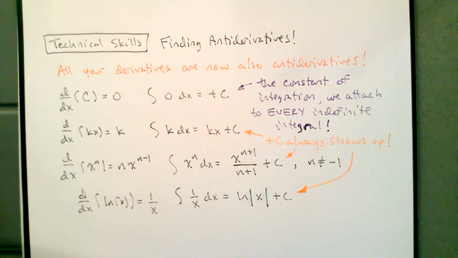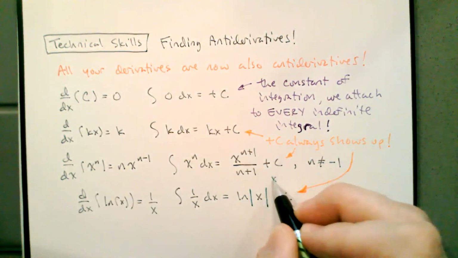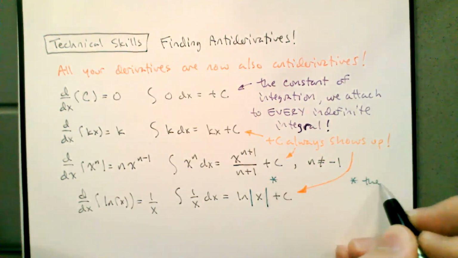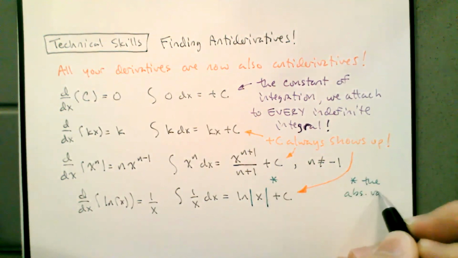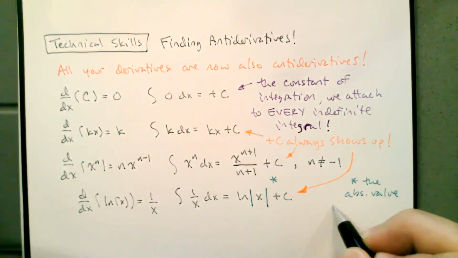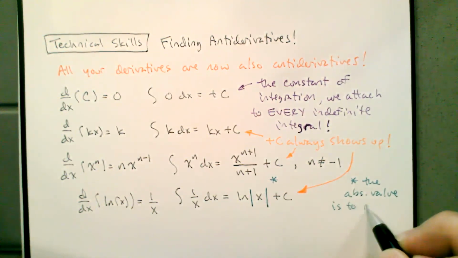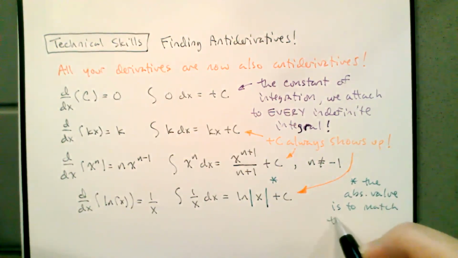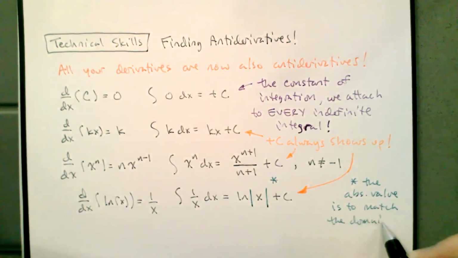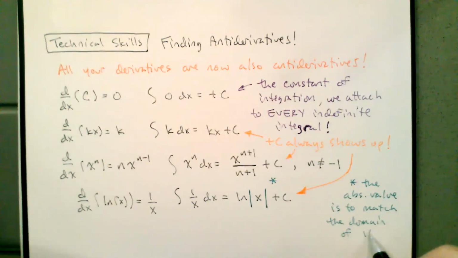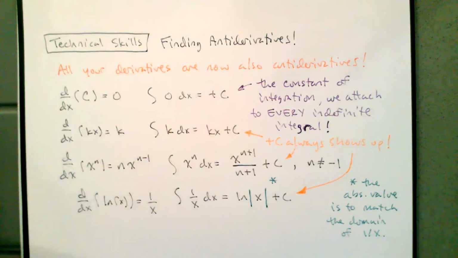We need absolute values when we integrate 1 over x just to get the domains to match. So I want the antiderivative to share the same domain as the 1 over x.